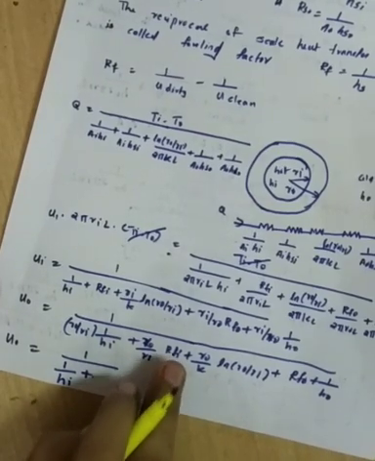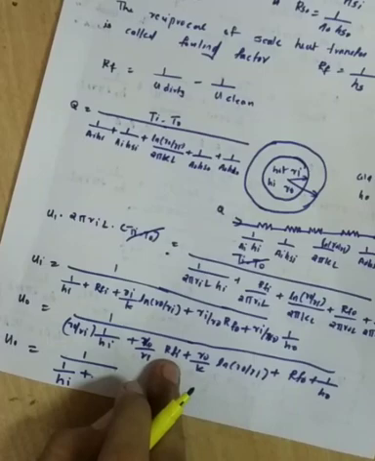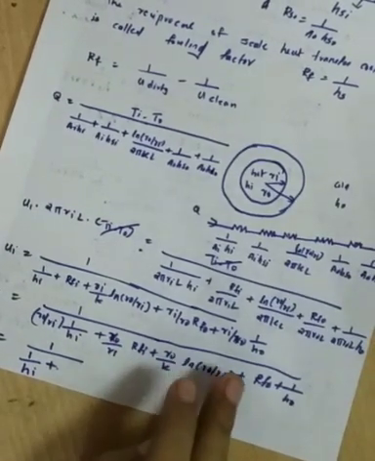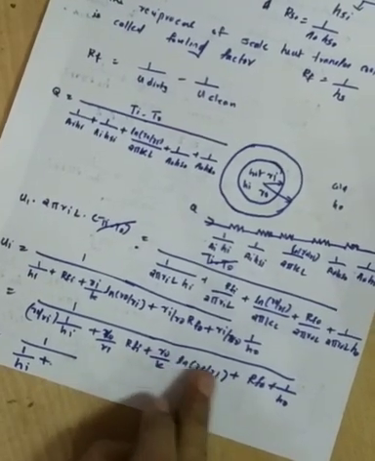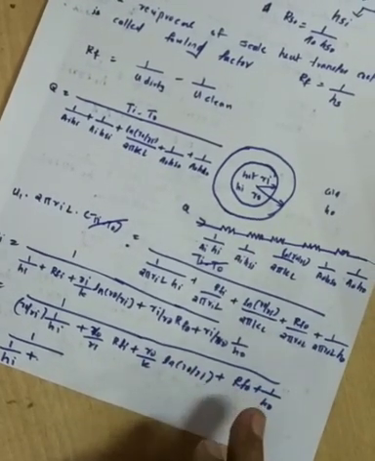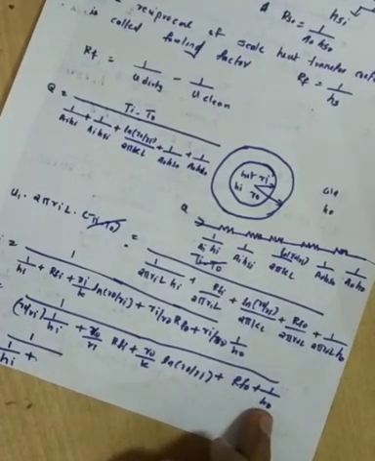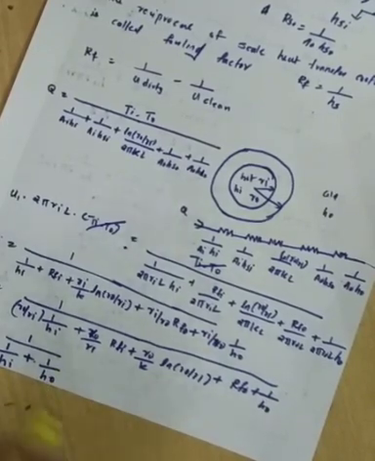We can neglect this RFI; this is scaling, and if there is no scaling, we can neglect it. And here log Ro by Ri, with Ro by Ri equal to 1, log 1 is equal to 0, so this term is 0. And RFO we can again neglect, leaving 1 by Ho. So this is U naught.